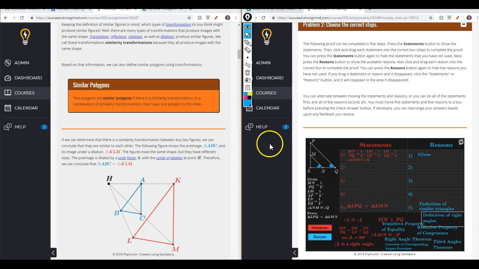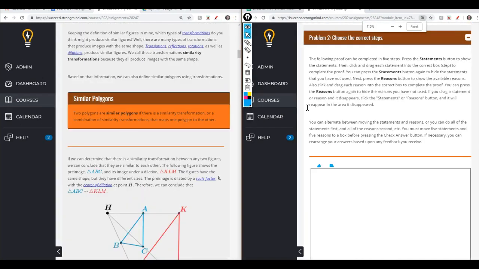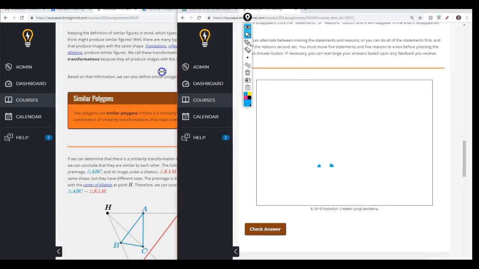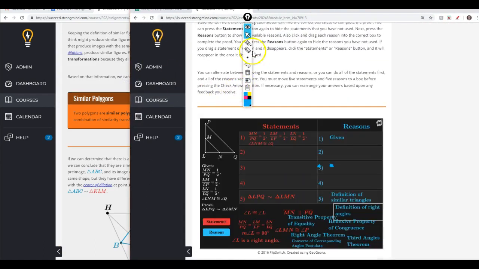Okay, so now we have some information to go through, and I'll just zoom in on this and widen it up, since this side's not going to be very helpful.